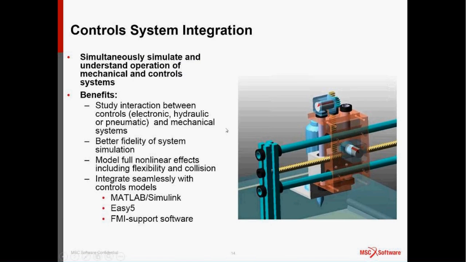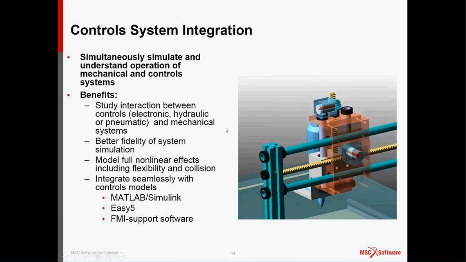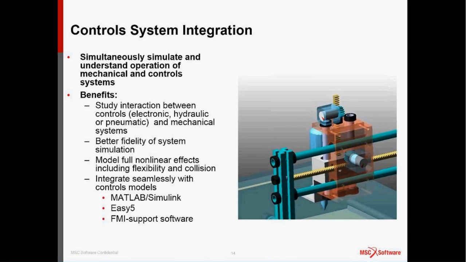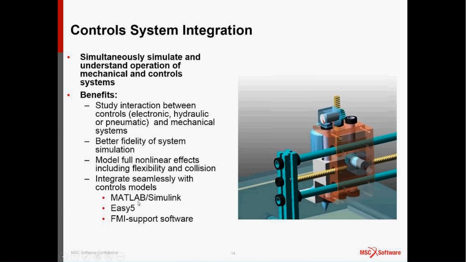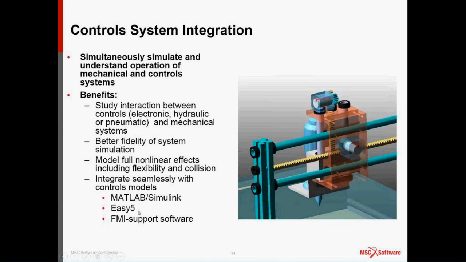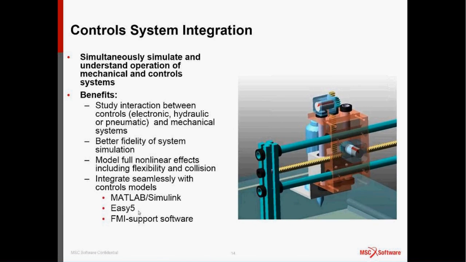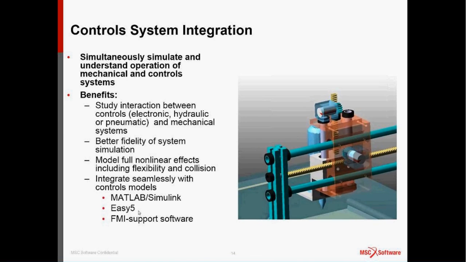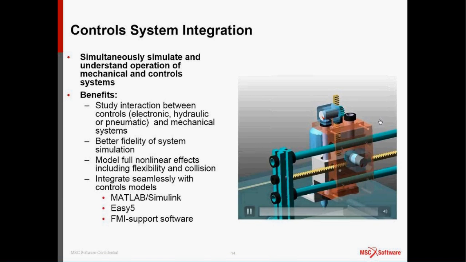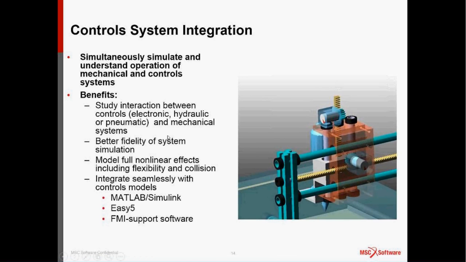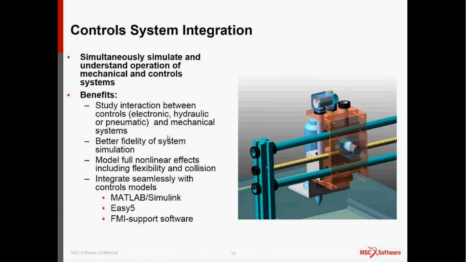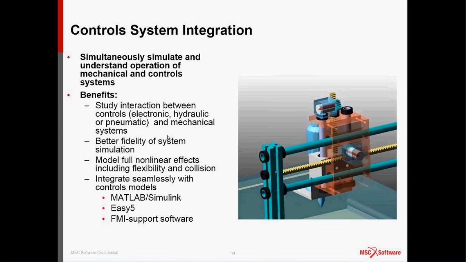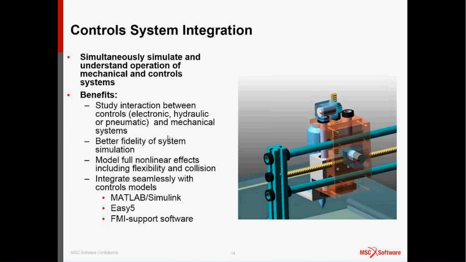So in this scenario, you can see with Adams, you will be able to co-simulate with not only MATLAB or EZ5, but any software that supports the FMI standard. You will basically be able to study how the interaction between the control systems and the mechanical systems is going to affect the final physical performance of your product.